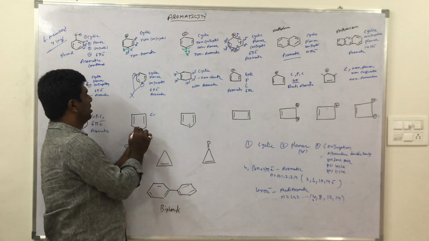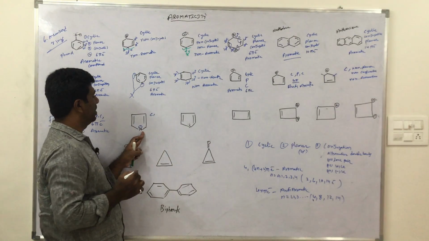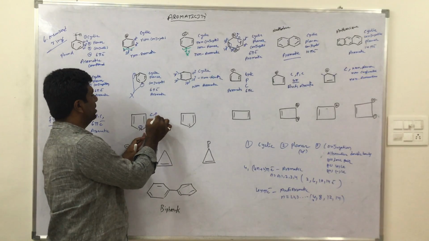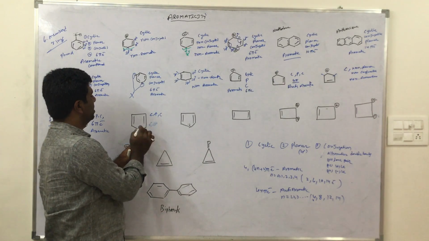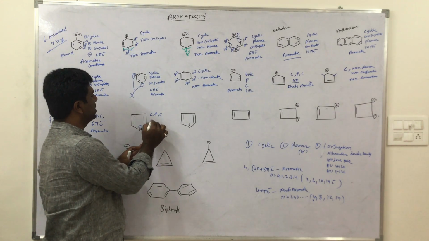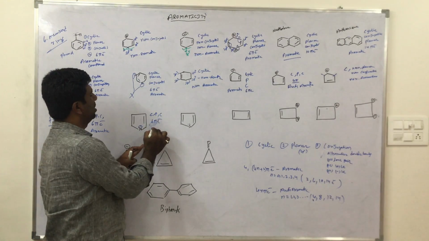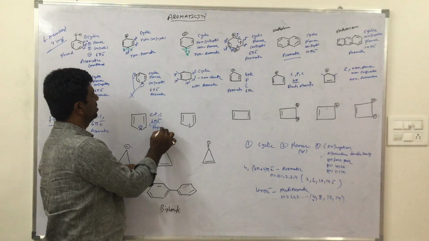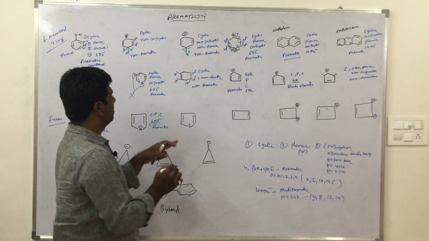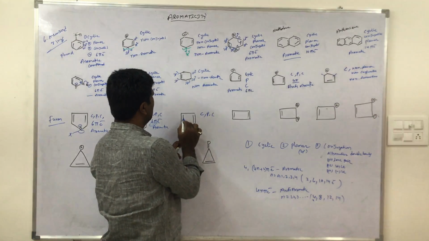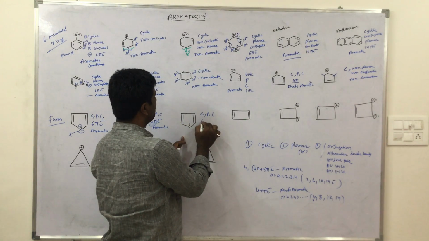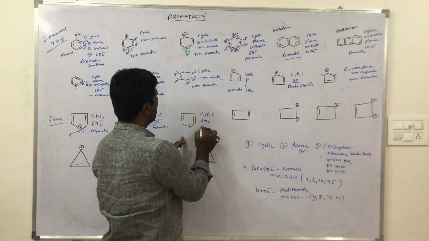Now this one, tell me. Cyclic and one lone pair is present, planar, conjugated, and how many electrons are present? 1, 2, 3, 4, 5, 6 pi electrons, aromatic. Now this one, same, cyclic, planar, conjugated, 6 pi electrons, aromatic.